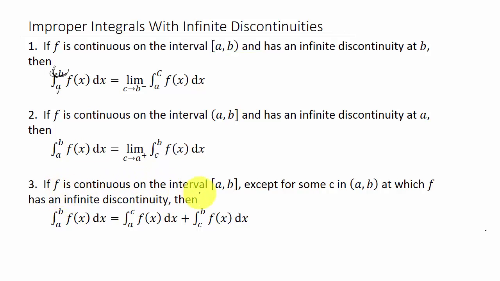And if f is continuous on [a, b], but we have some number c in this interval where f has an infinite discontinuity, then we'll split it at that discontinuity: the integral from a to c plus c to b.